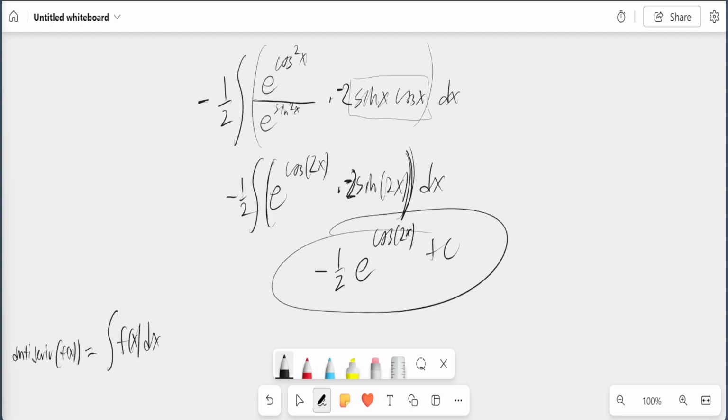My work's a little bit different than yours. So right now where I'm at, I have negative 1/2 on the outside, and I have the integral of e to the u times sine x cosine x times du over sine 2x. So I see the sine x cosine x. That's like 1/2 sine 2x.